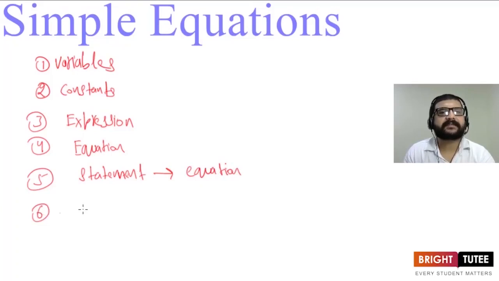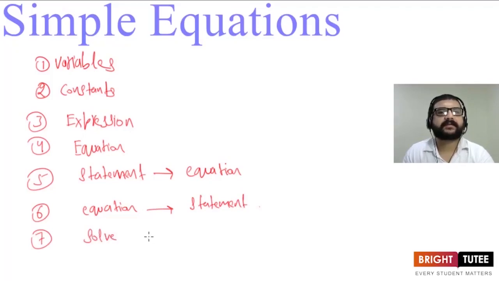And after that, we have studied how to write a statement for a given equation, or how to write a statement which represents the given equation. We have done many questions based on all these things. And then we have seen how to solve the equation using hit and trial method or trial and error method.